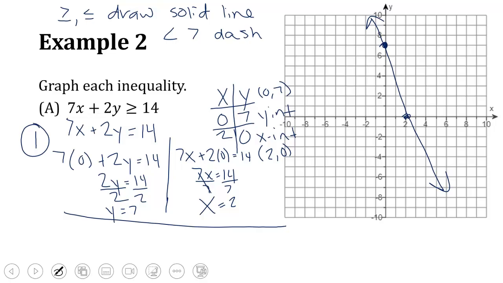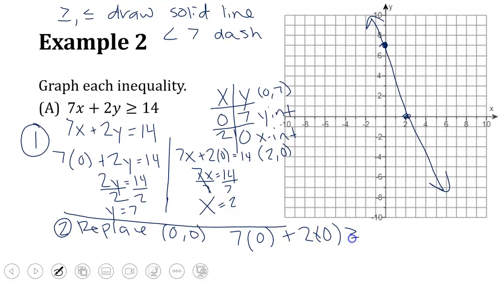The second part, you are going to replace x and y with 0, 0. So this is our test point, 0, 0 for the whole equation. So 7 times 0 plus 2 times 0, greater than or equal to 14. Well, 0 plus 0 is 0. So is this statement true?